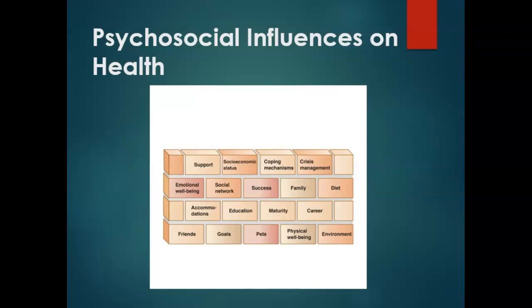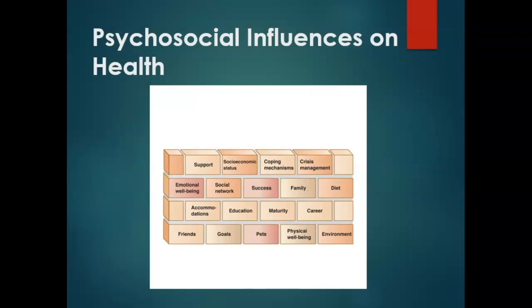Do they have family? What kind of diet are they on? Are they an educated person, or were they just able to finish a few grades in school and then have to quit school to help their family financially? How mature is the person? What is the person's career? Does the person have friends?